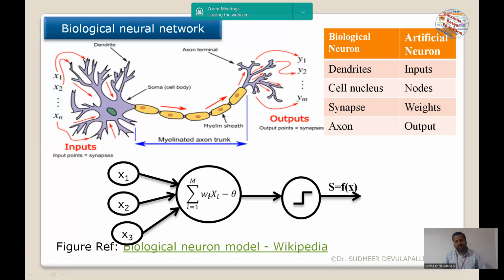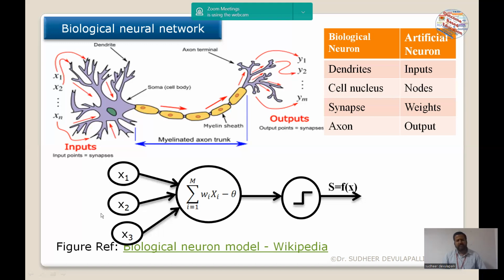When you save the trained model in the neural network, these weight vectors are what get stored in your memory. When you get new inputs like x1, x2, and so on, xi, these will be multiplied with the trained weights. We will discuss this in detail. This itself is like the computation of the body of the neuron.